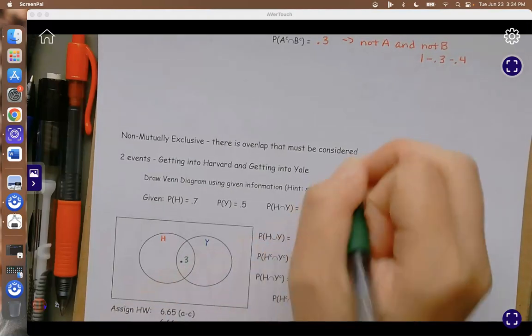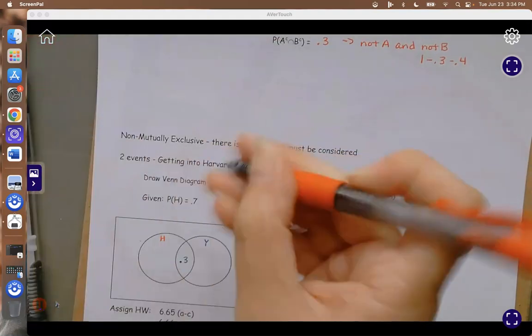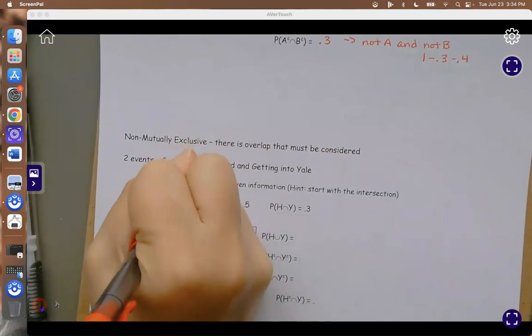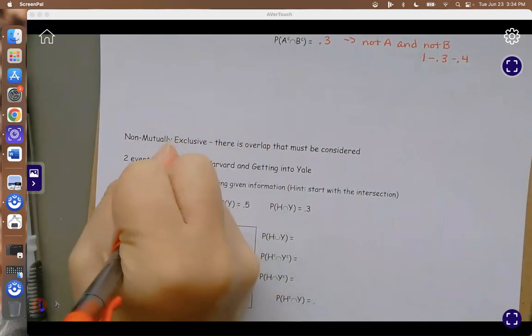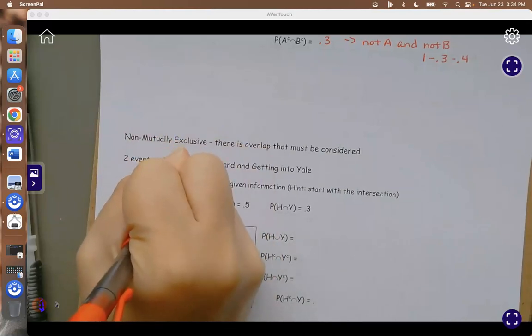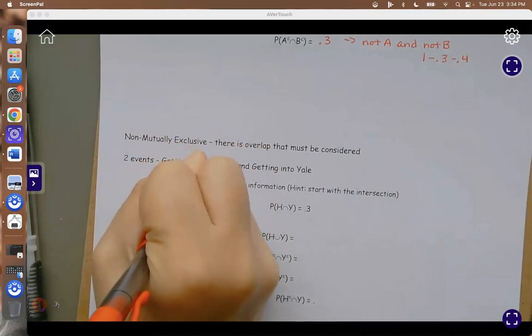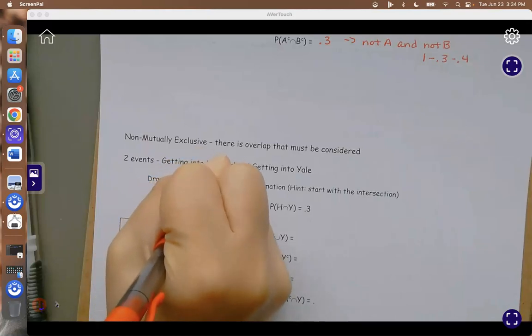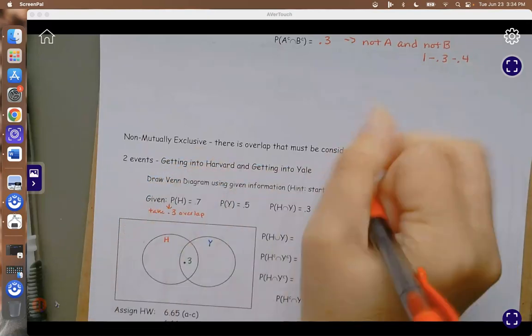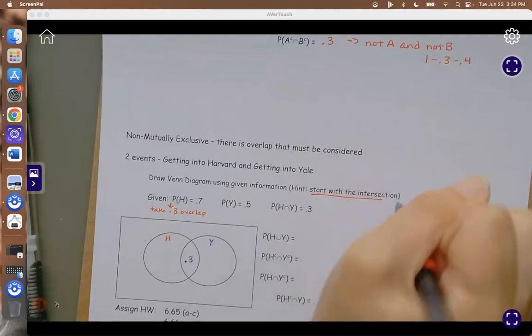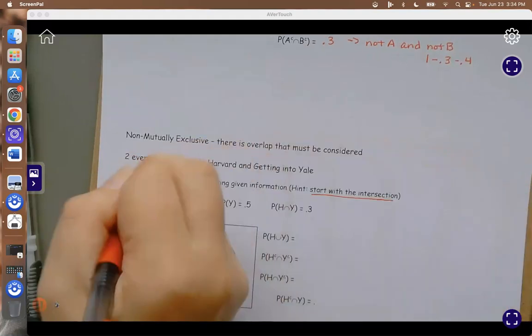So we've already used 0.3 of it. So I'm going to make a note over here for Harvard. You have to take the 0.3 overlap. I'm going to underline that because that was really important.